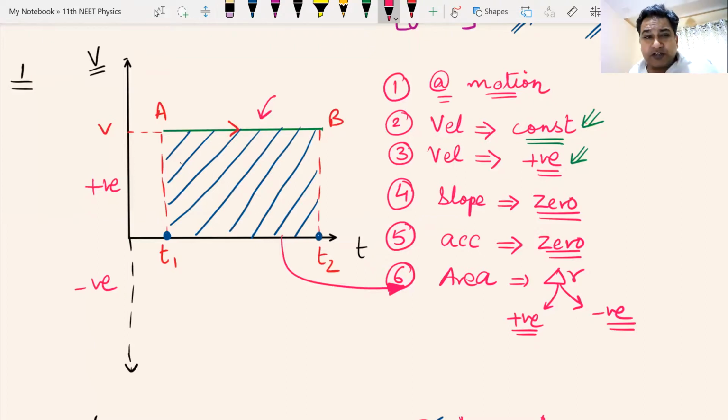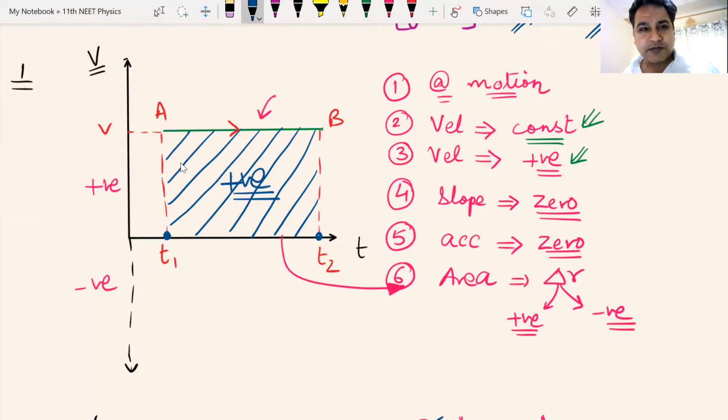How do we get positive and negative from here? Listen to me very carefully. Eyes on the whiteboard. If the area is above the time axis, it is positive.